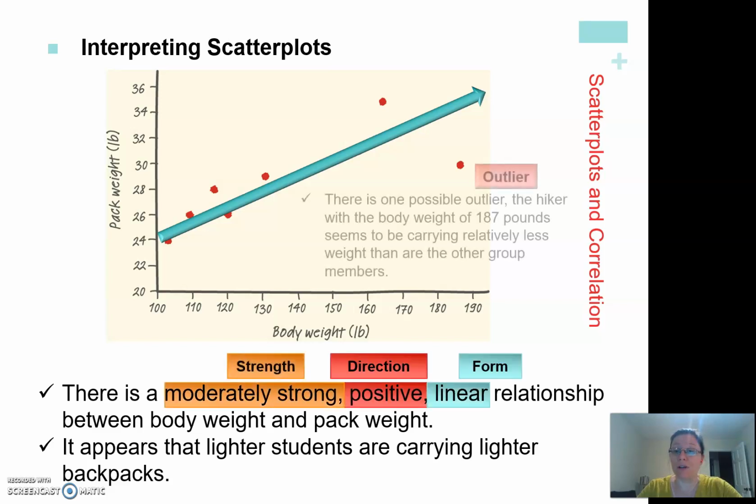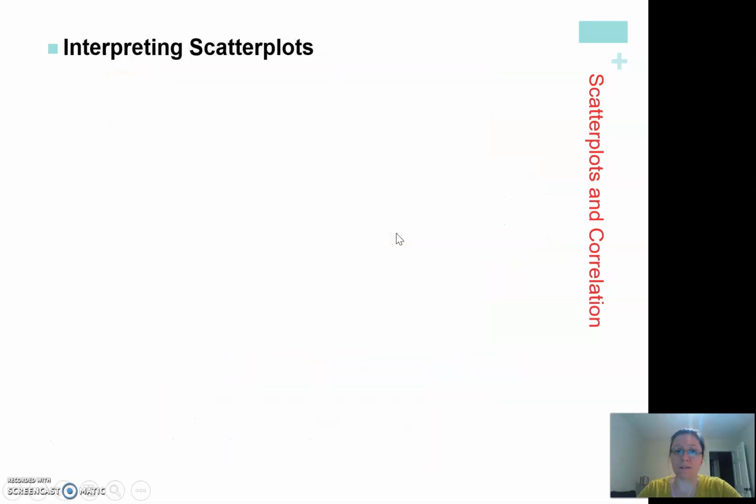So again, strength, direction, form, right? If there is an outlier, you do want to mention it. There's one possible outlier here when you look at your line, right? This one's kind of far from it. And there's a student apparently that weighs 187 pounds and carries a fairly light backpack, comparatively speaking, to the rest of the data, right?